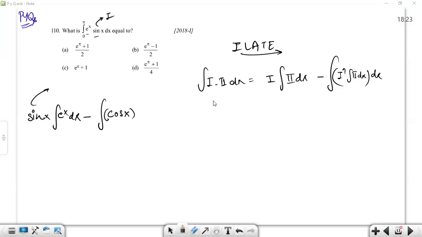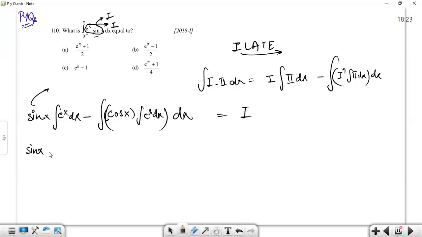Yes, plus. So integration of cos of x into integration of e to the x dx, and whole integration again. Let's call this indefinite integration I. We will apply its limits later. Integration of e to the x dx is simply e to the x.